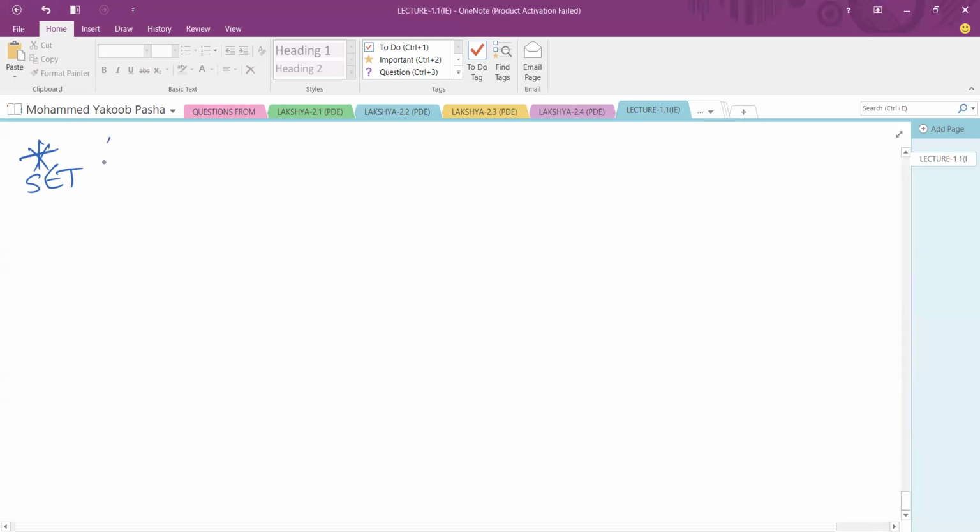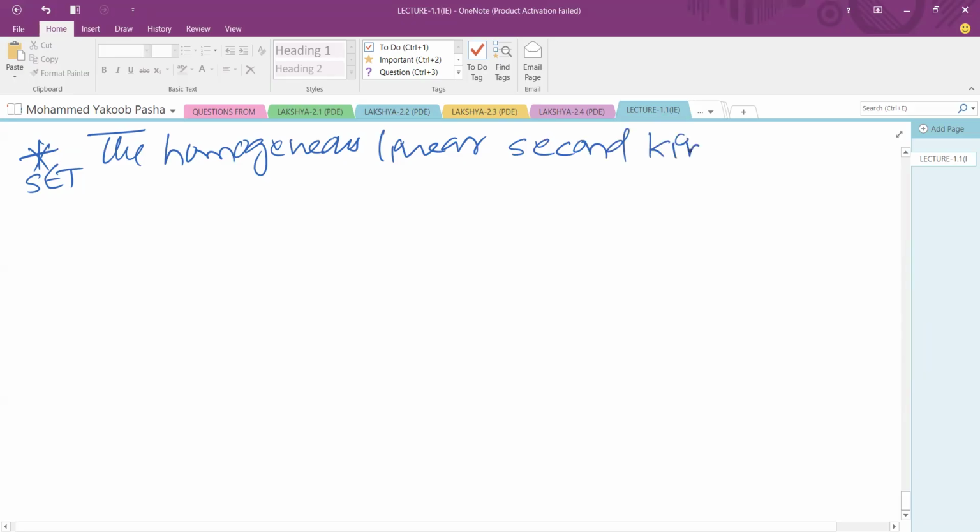The homogeneous linear second kind integral equation, I'm writing simply IE. How many classifications does it contain? Homogeneous, linear, second kind: three classifications. First, we are given options here.